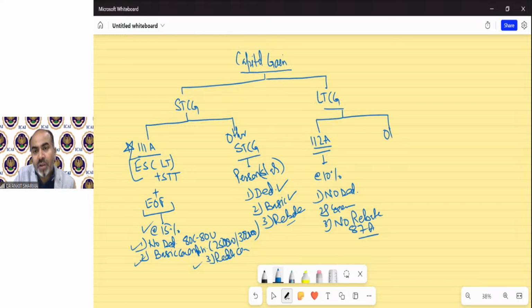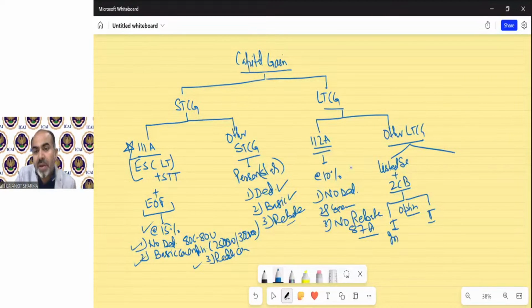If you have other long-term capital gain, if these are listed securities and zero coupon bonds, then they are going to be taxable as per this option. You have two options, option 1 and option 2. You can take the benefit of indexation, clear? Or you can calculate the capital gain on listed security or zero coupon bond without taking the benefit of indexation.